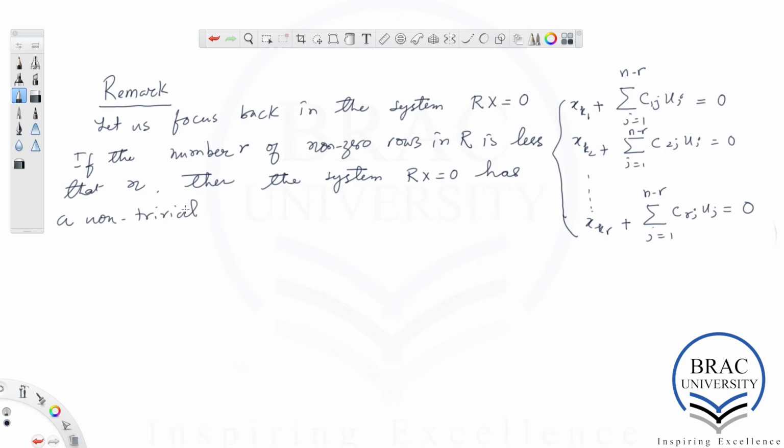Okay, what do we mean by non-trivial solution? So that's what I am explaining now. A solution is an n-tuple, right? In the previous example, the solution was a 5-tuple.